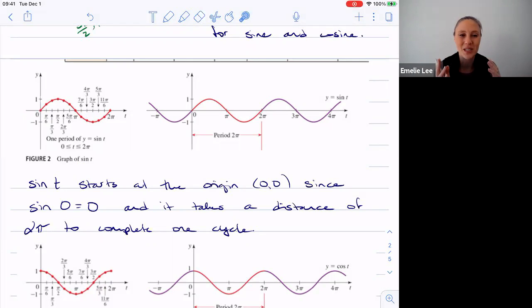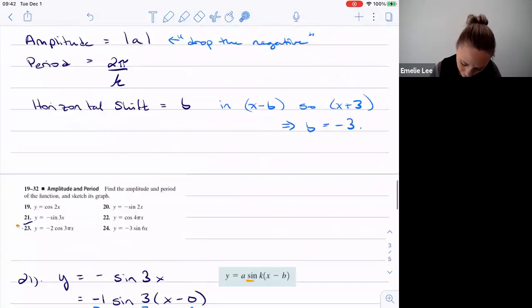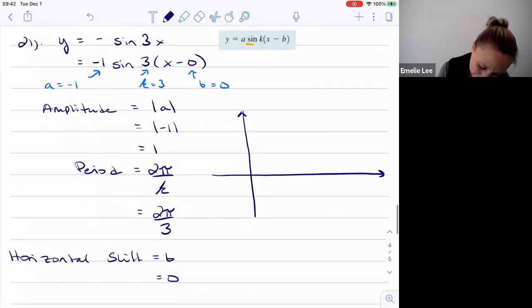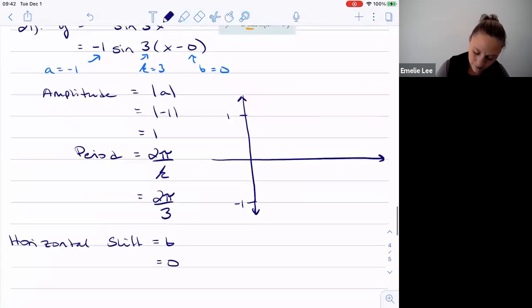The amplitude we found is still 1, so the height from the x-axis to the top here is still going to be 1. It's not getting elongated, it's just getting smushed together. So let's say this is at 1 and this is at -1.